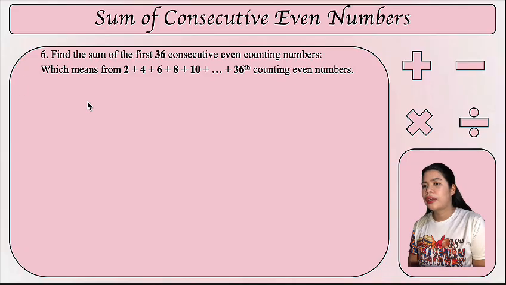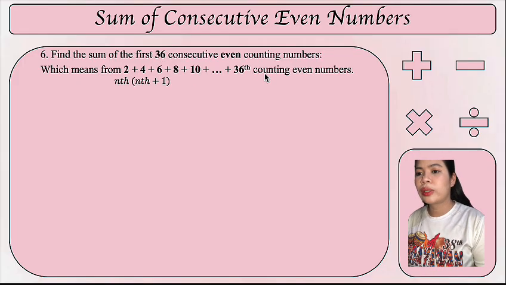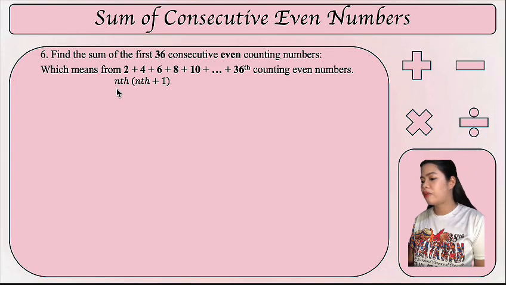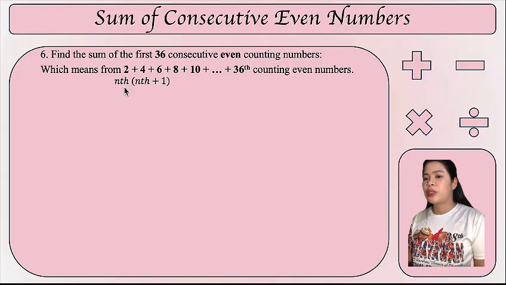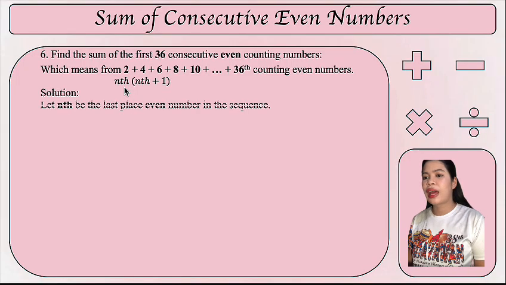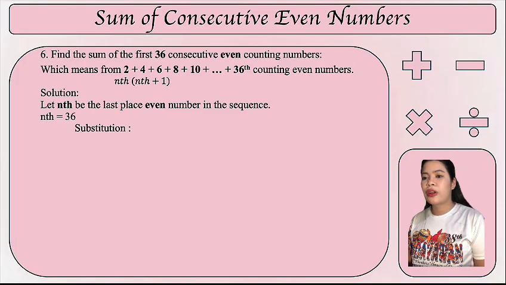We are also finding the place here, not the 36th actual number, but the 36th counting number. We are going to be using this formula, nth multiplied by nth plus 1. So here's the solution. Let nth be the last place even number in the sequence. So nth is equal to 36. First step would be substitution. We are going to substitute the value of 36 on the value of nth.